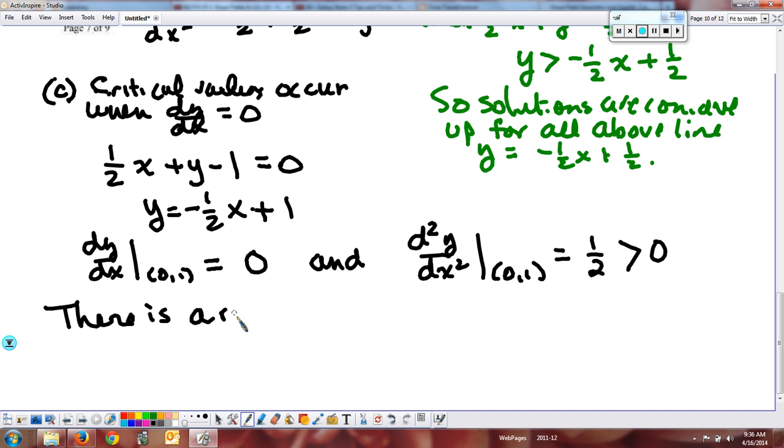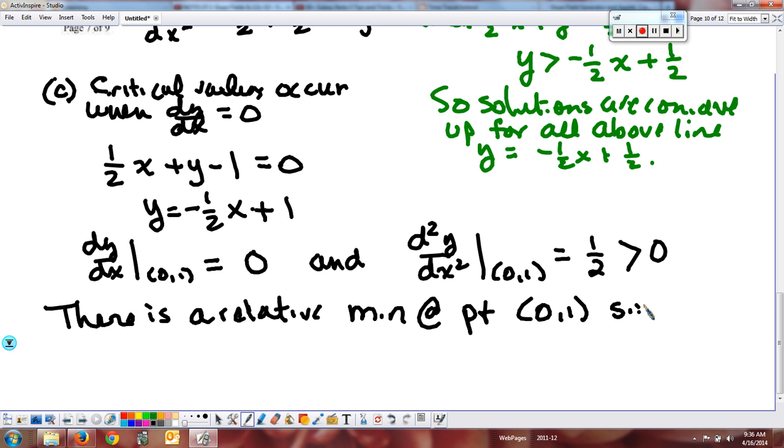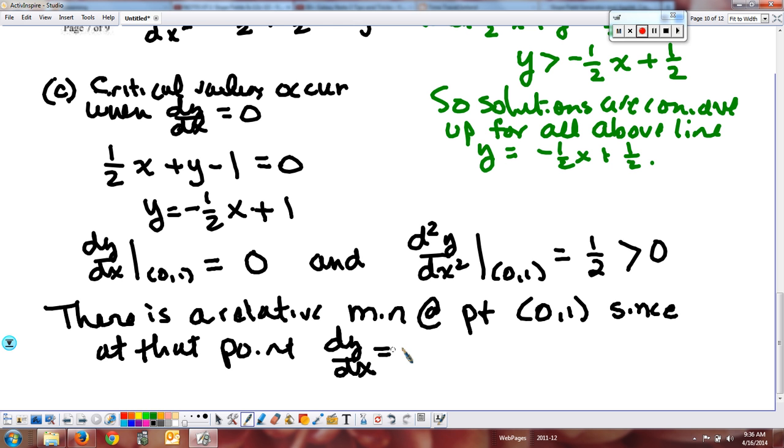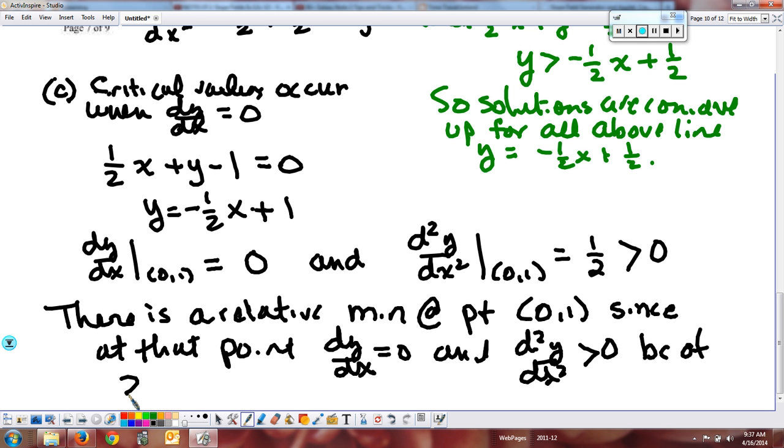There is a relative min at the point (0, 1), since at that point dy/dx was equal to 0, and the second derivative, d²y/dx², is greater than 0. And the reason is because of the second derivative test.